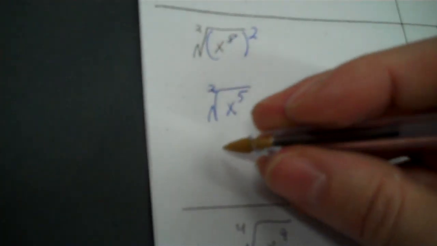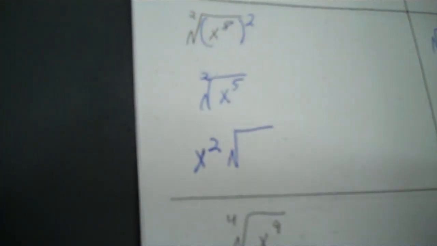This isn't able to cover 2, so I just put that without bringing the x up. So how many x's do we bring up? 2. So I write x to the second now, okay, because I brought 2 full factors up. And then this one, I make the radical with the 2 inside, and I just put x inside. Okay, that's how we do that one.